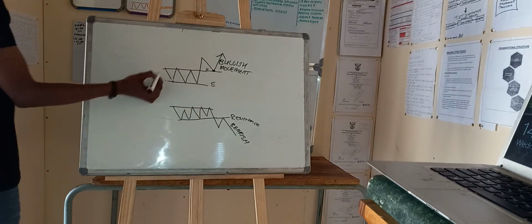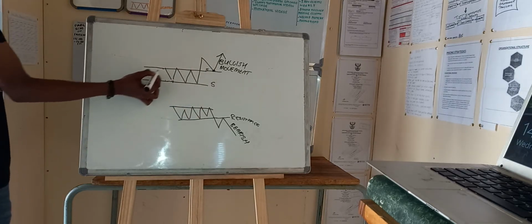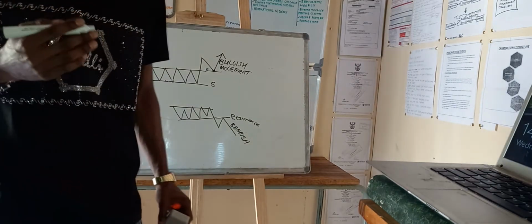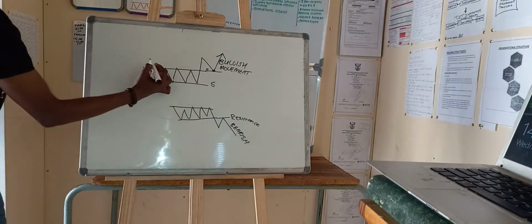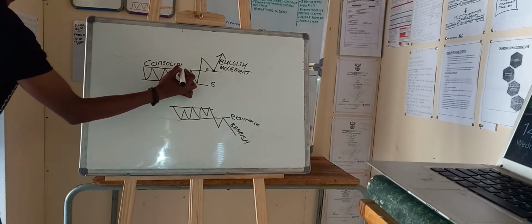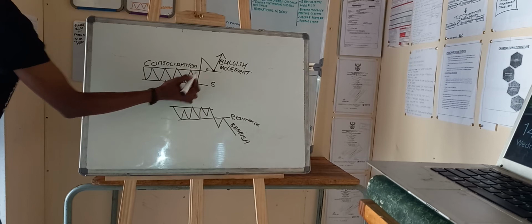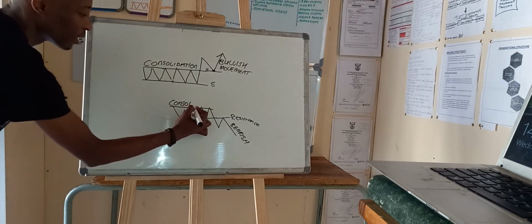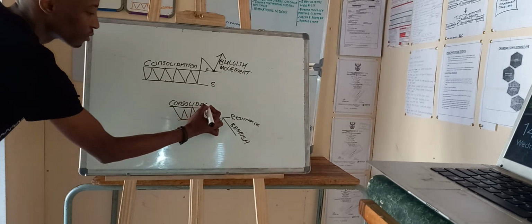Now, once you see touches at the same level, meaning you have touches at the support and the resistance and there's no breakout, it simply means the market was consolidating, which we call the consolidation phase or consolidation state. Also here we have a consolidation phase.